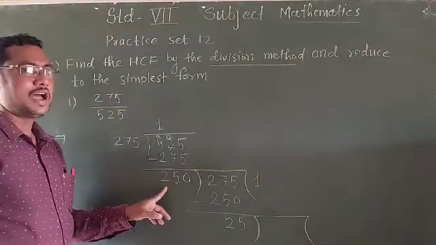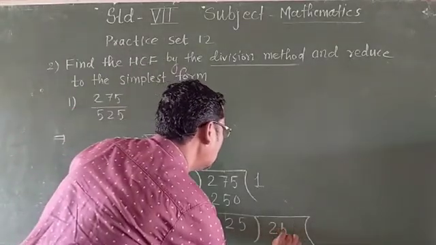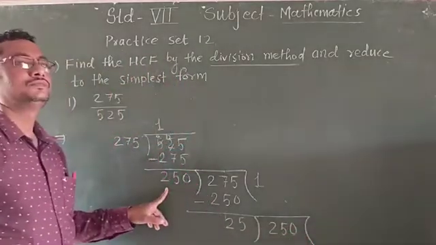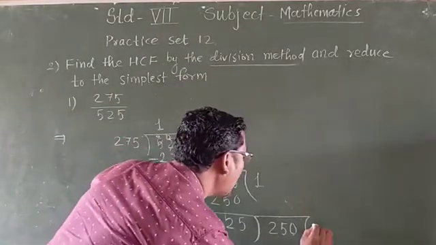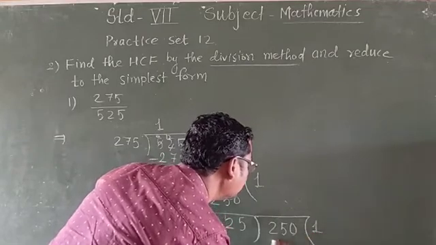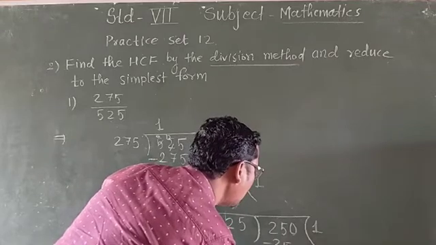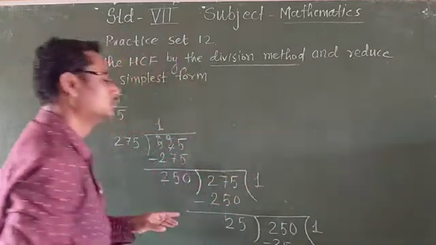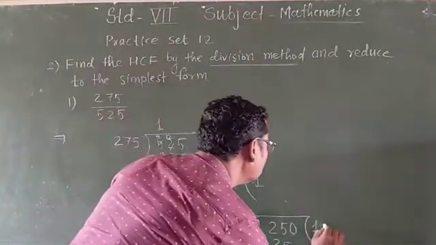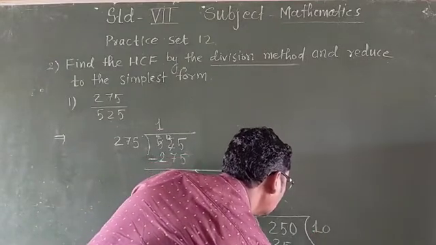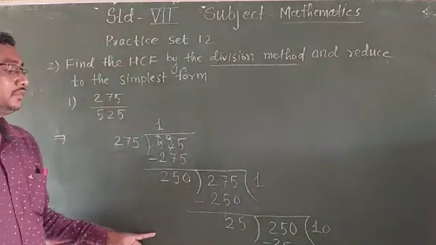The previous divisor 250 divided by 25: 25 times 10 is 250. Subtracting, we get 0.